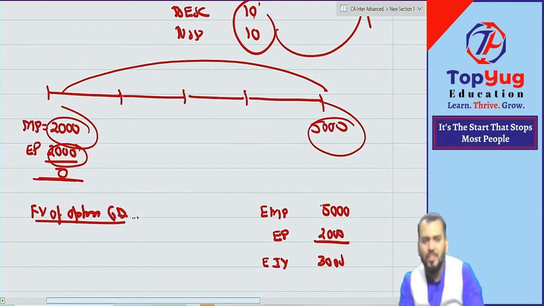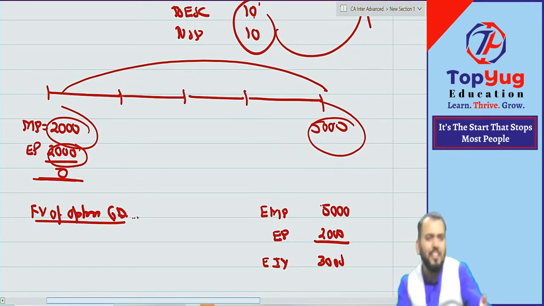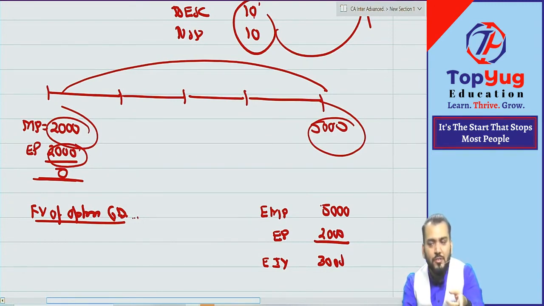Grant day. Do you know the concept of time value of money? Where have you done it? In foundation you have done. In FM it has not started till now. In FM you will have a very good understanding of time value of money, because entire FM is based on time value of money. You have done compounding, you have done discounting also.